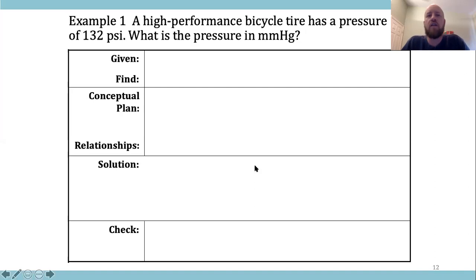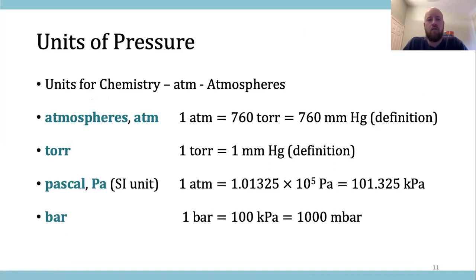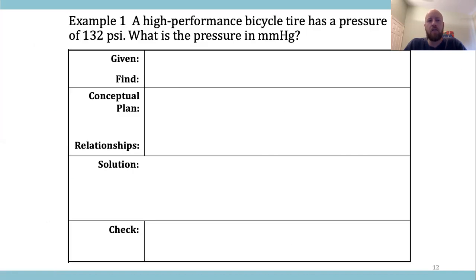And so here's a practice problem where we are converting from PSI, pounds per square inch. Oh, that was the other one that was missing off here. It's a common unit that we come across, especially if you are looking at your tires.